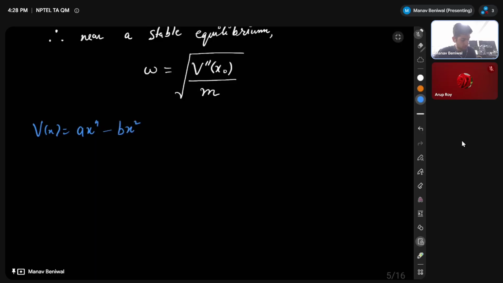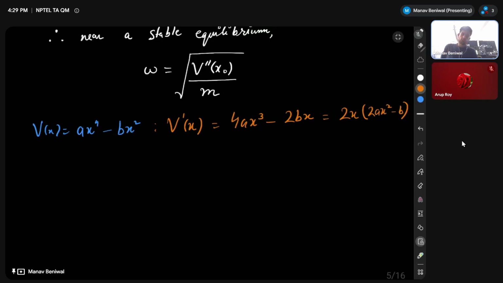If we differentiate it, what do we get? We get V prime of x as 4ax cubed minus 2bx. Let's take 2x as common, so this becomes 2x times (2ax squared minus b).